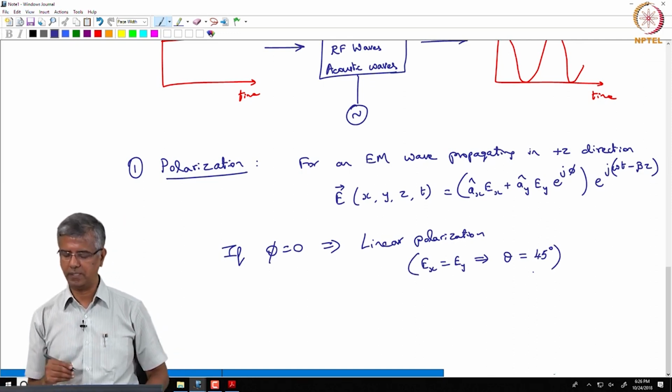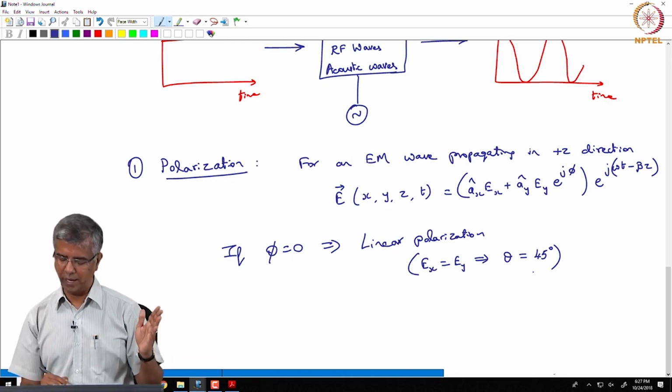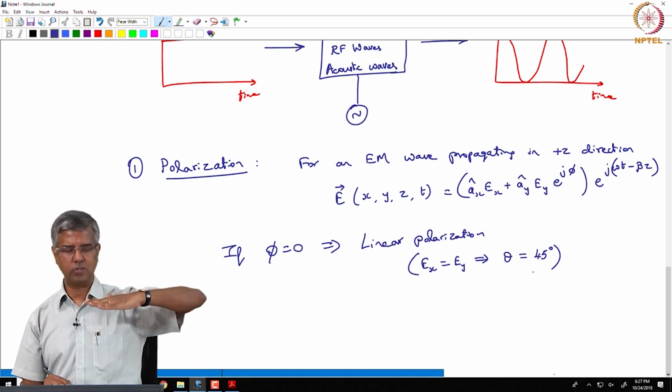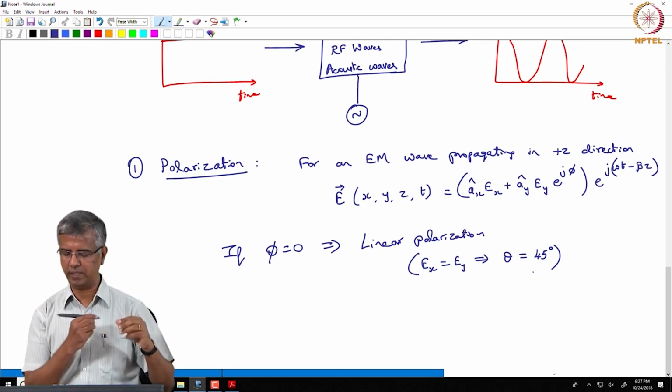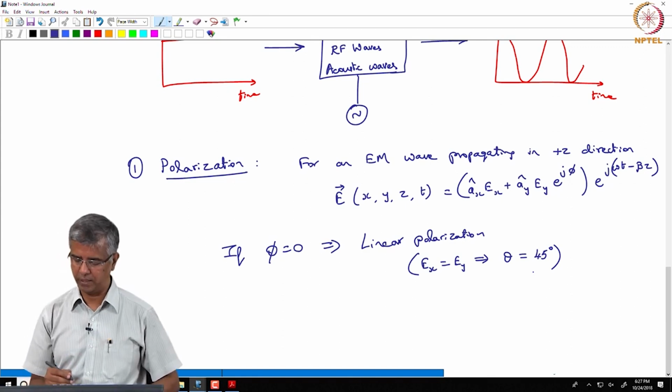That is a specific condition that you are satisfying. And of course, if Ey equal to 0, then it is X polarized. If Ex equal to 0, then it is Y polarized, right. It is basically tracing a line in the Y plane as it is propagating.